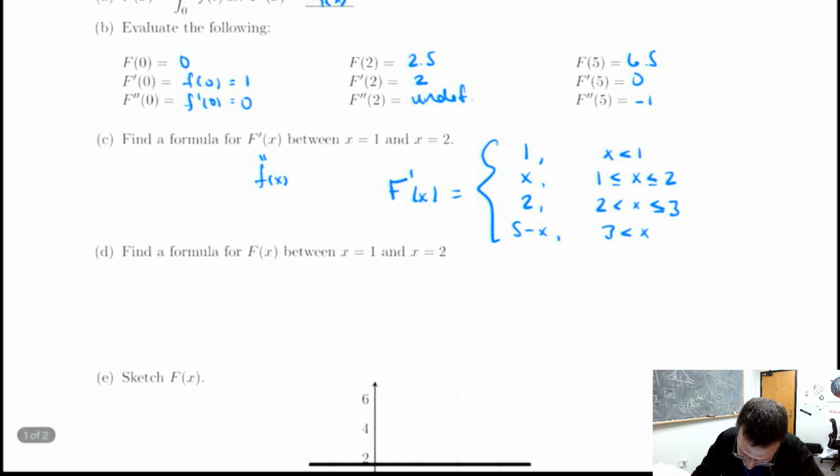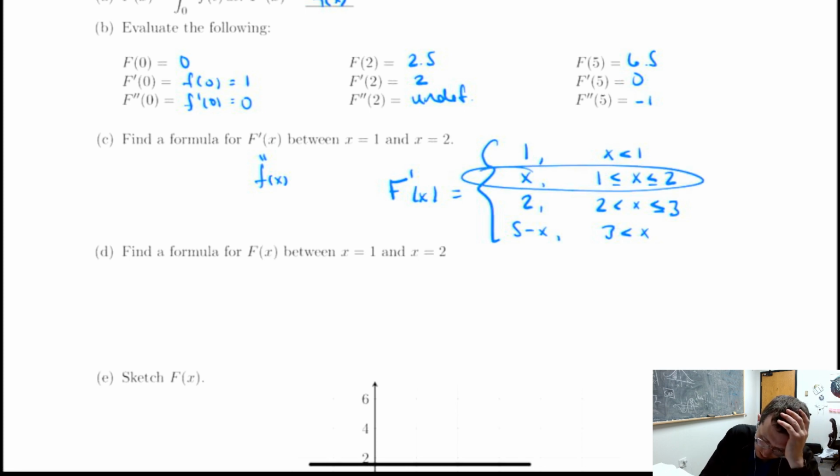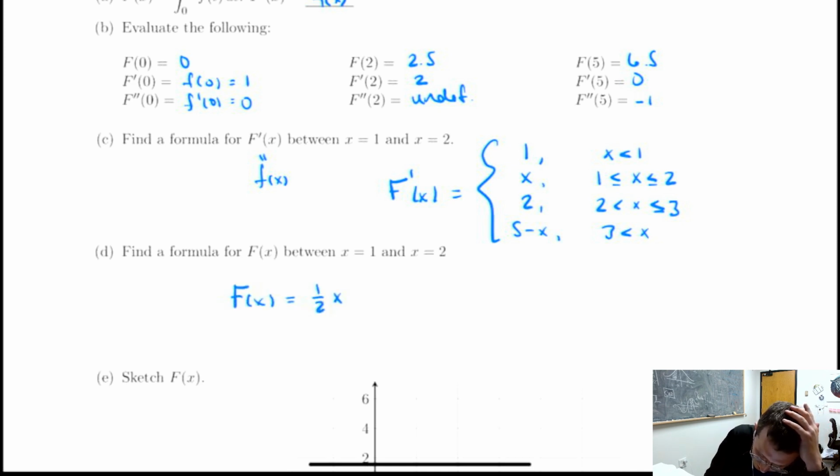Now we could find a formula for capital F of x between x equals 1 and x equals 2. I know that the derivative of capital F is x. That means that F of x has to be an antiderivative of x, so it has to be 1/2 x squared plus some constant.